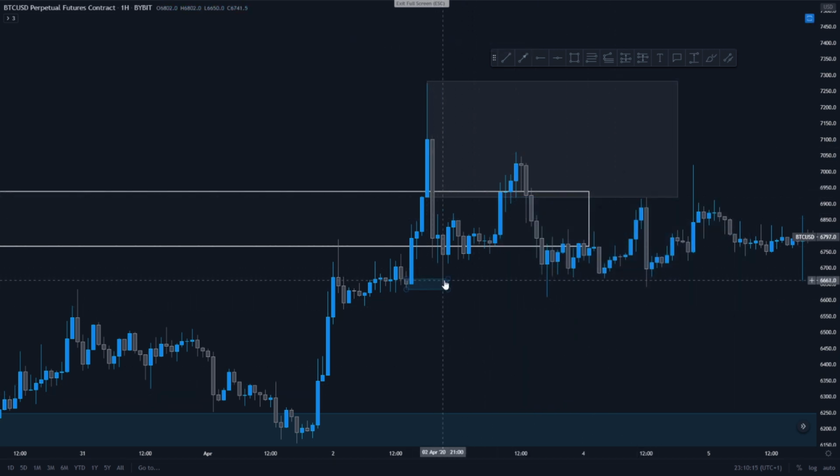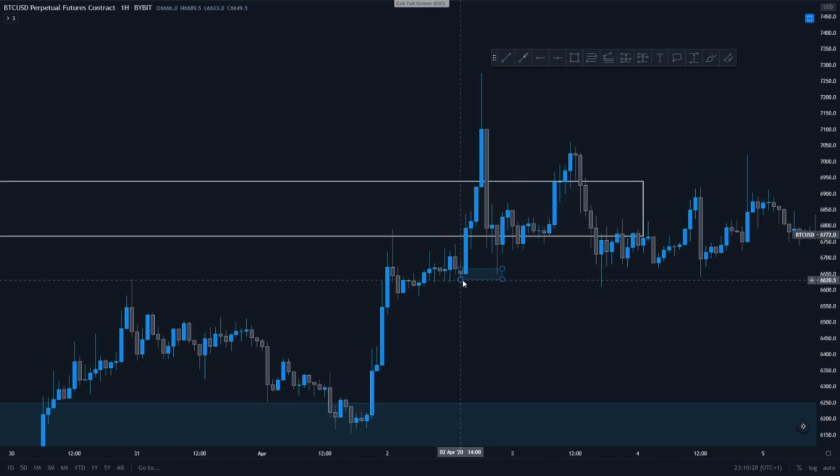So this zone was a strong zone, guys, and I mentioned on Twitter why I validated this as a strong zone. Before the price rallied from here, I mentioned why I validate this as a strong zone, and you witnessed what happened after that.